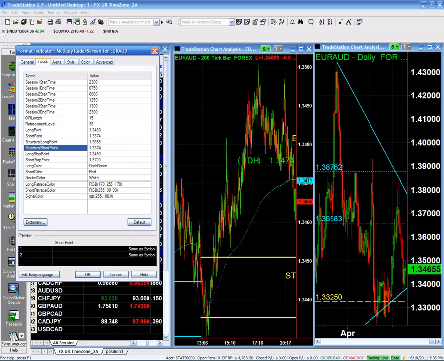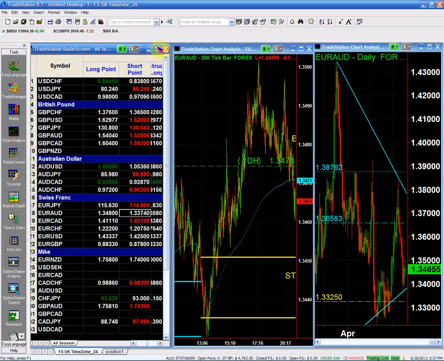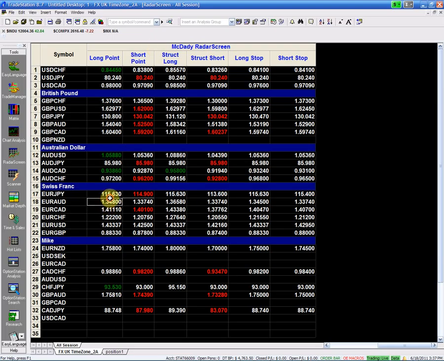Okay, so just to wrap up the euro Aussie, we're going to buy it above 134.80, and my structure long is 136.58, so I have about 200 pips between my entry and the structure point. And if I do buy it, my stop is going to be 134.50.